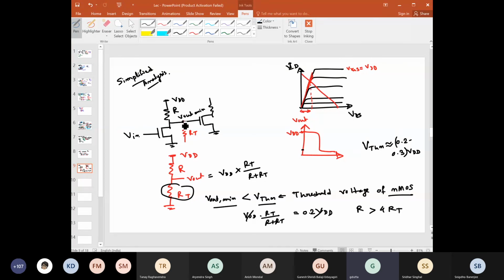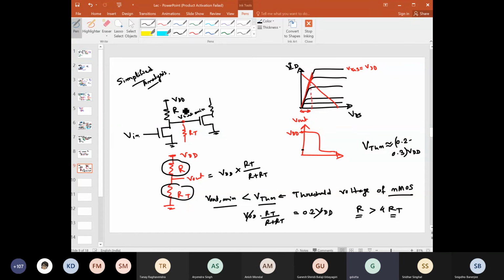If you do a simplified analysis, then that has shown that this R value, the resistance value that we have to add as a pull-up network, has to be much higher, at least 4 times higher than the equivalent resistance of this transistor in the triode region. So if you know the transistor characteristics, then you can estimate the equivalent resistance from here, and you can estimate from here.